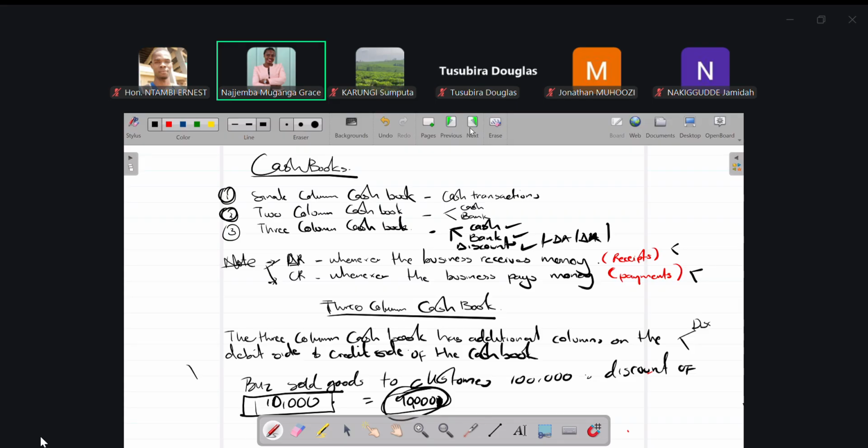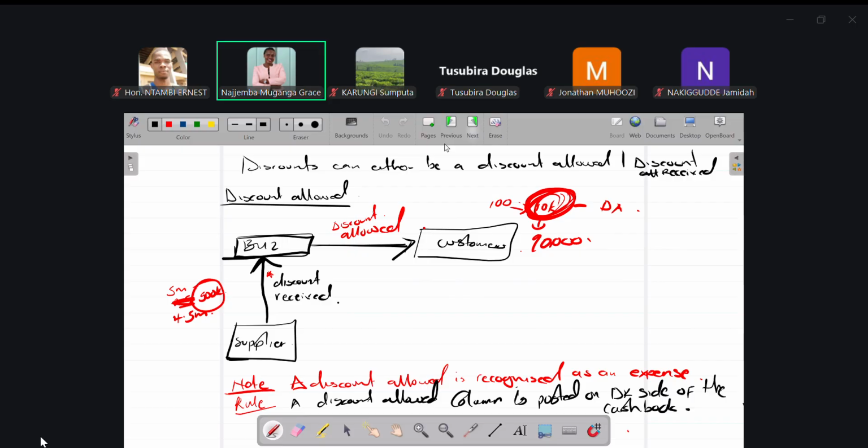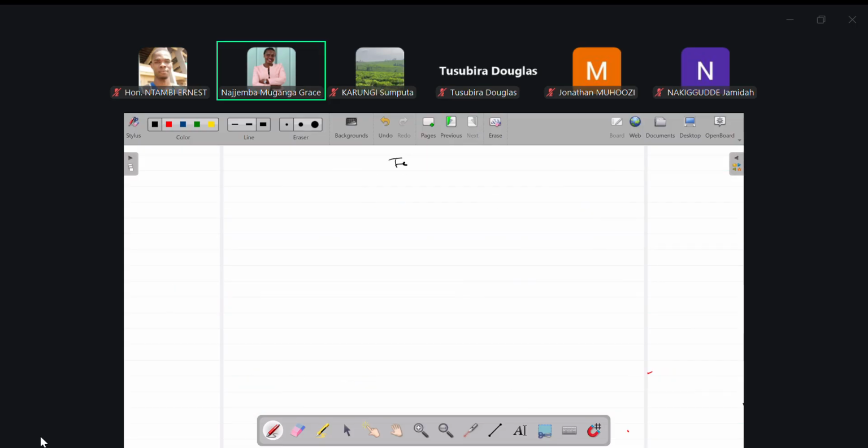So this is how a format would look like. Format of the 3-column cash book.